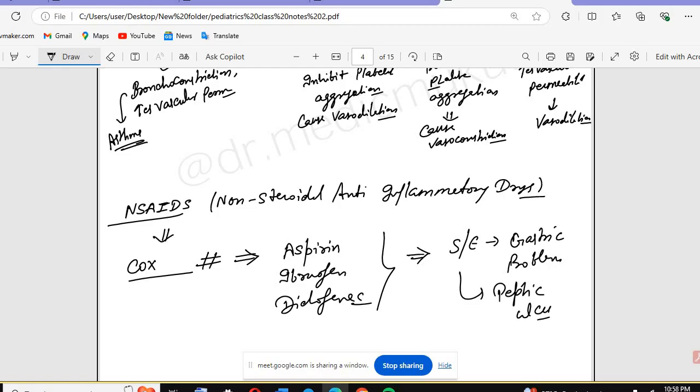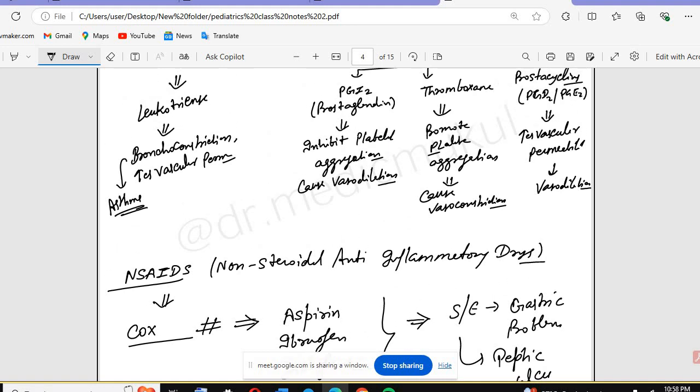Then we divided the COX into three: COX1, COX2, and COX3. COX1 we have already discussed.